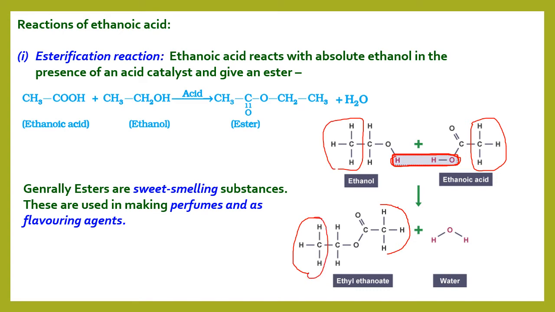So nothing is removed. Okay, now this CH2 is also the same. Right? Now this CO will be added over here. Only H from ethanol and OH from ethanoic acid is removed and we get H2O.